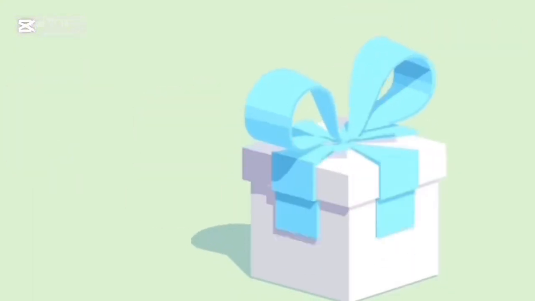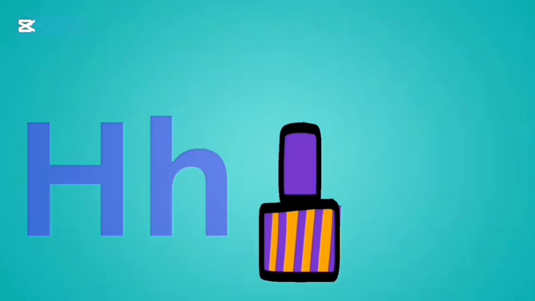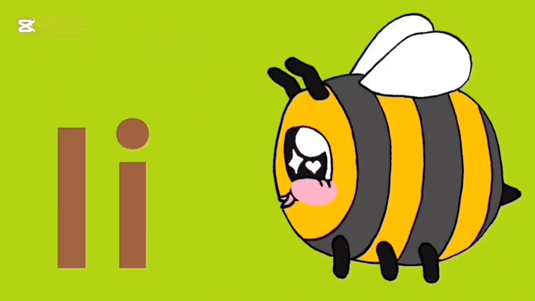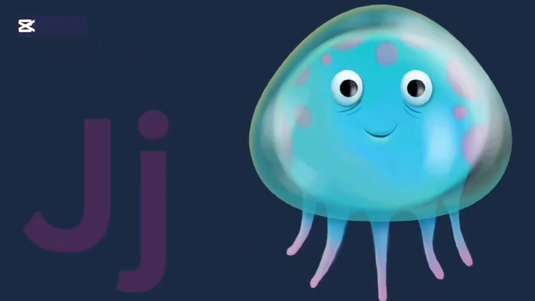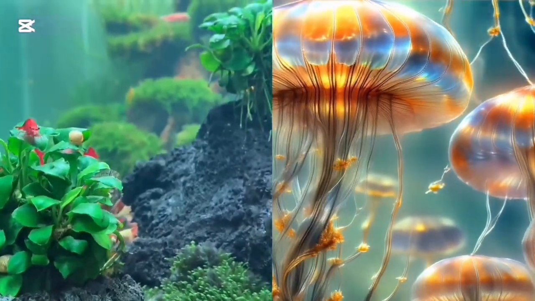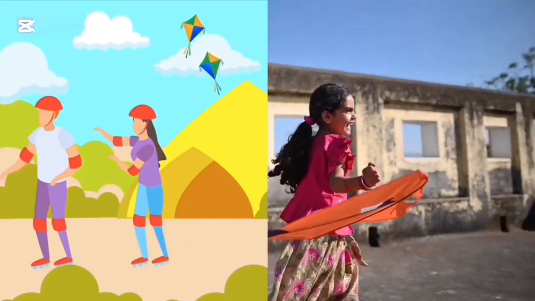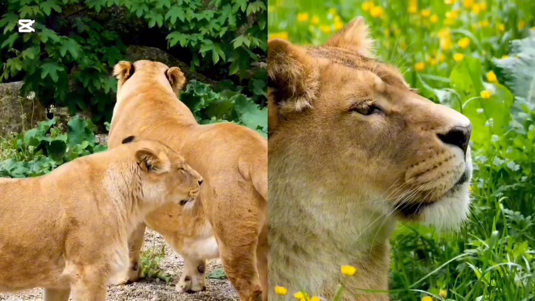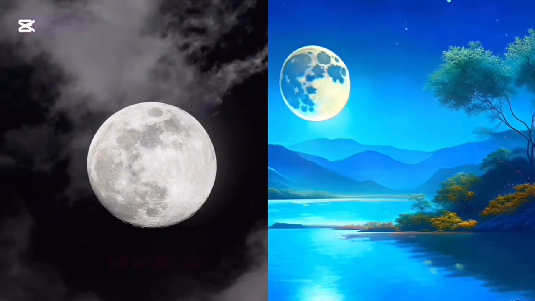G for gift, gift. H for house, house. I for insect, insect. J for jellyfish, jellyfish. K for kite, kite. L for line, line. M for moon, moon.